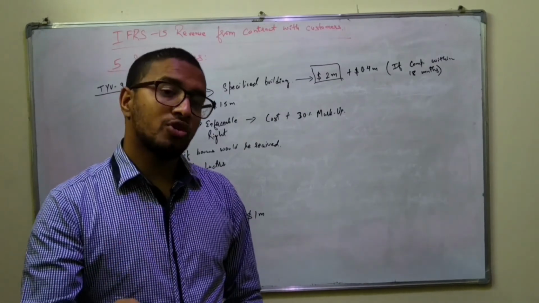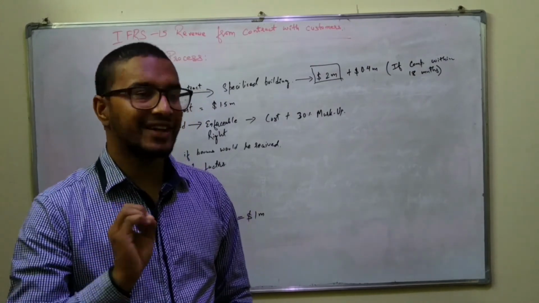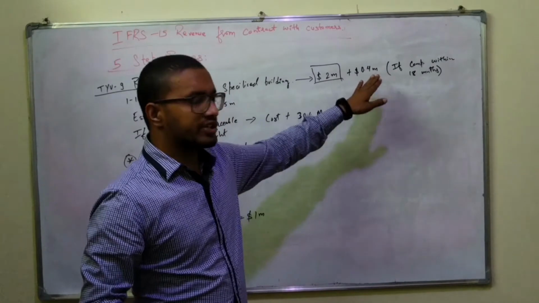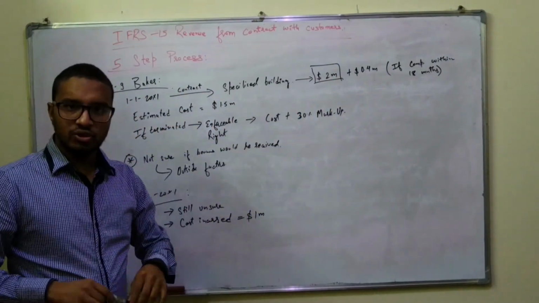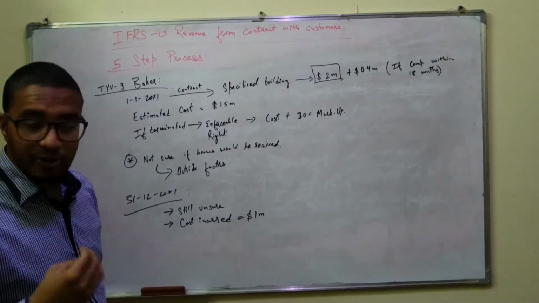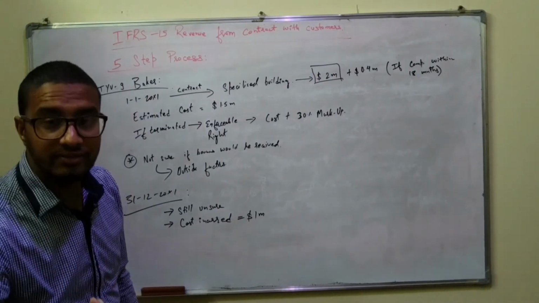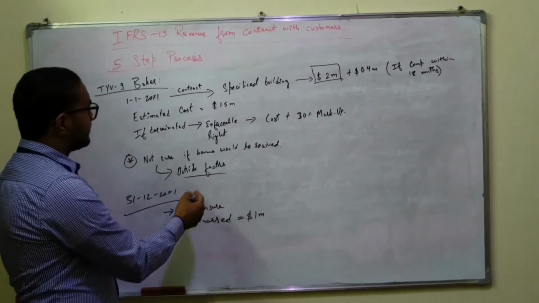In this case, the question also gives us that it is unsure if the bonus would be received. So it is probable that it would reverse, but our criteria is it should not reverse, because of outside factors, okay.